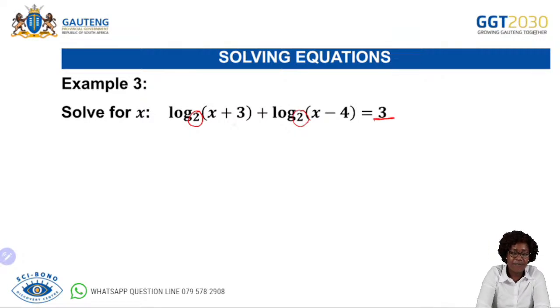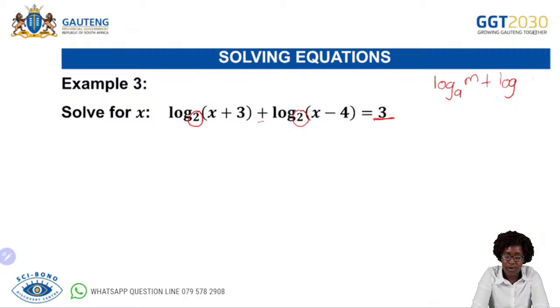So on the left-hand side, because I'm adding logs with the same base, I am going to take my law of logarithms that I have just learned, which says that if I'm adding logs with the same base, log of m to base a plus log of n to the base a, this simply gives me the log of m multiplied by n to base a.